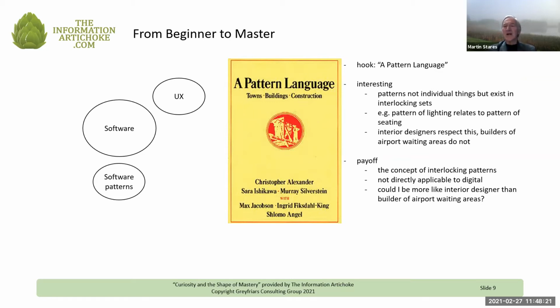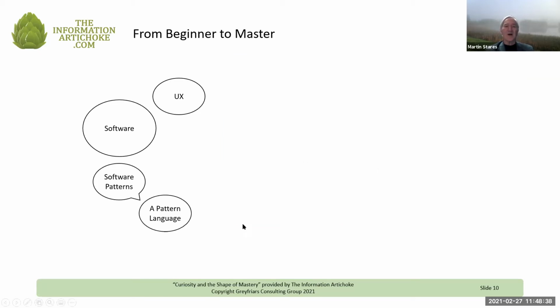So the payoff was the big concept, interlocking patterns, but they weren't directly applicable to my digital work. Could I be more like an interior designer than a builder of airport waiting areas? That is the question. Anyway, by now I'd added pattern languages to my mix.